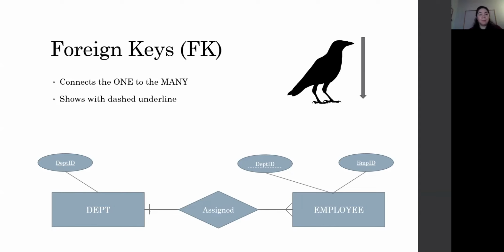In this example, if you look at the table for the department, it doesn't have the employee IDs on there, all the different employees that could possibly be in that department. Instead, each employee has a little thing that says, I belong to this department, right? It has the department ID. You follow that and you find out everything else about their department, including all the other employees that are on there.